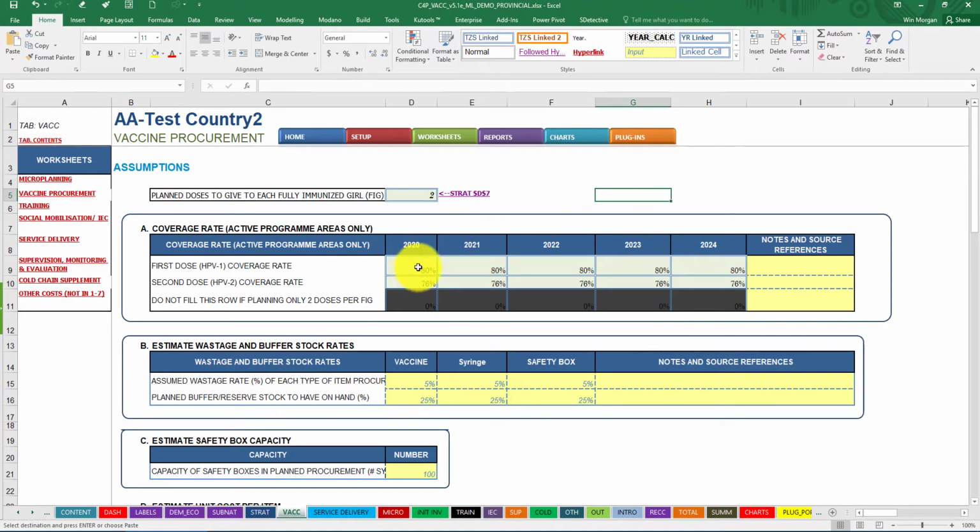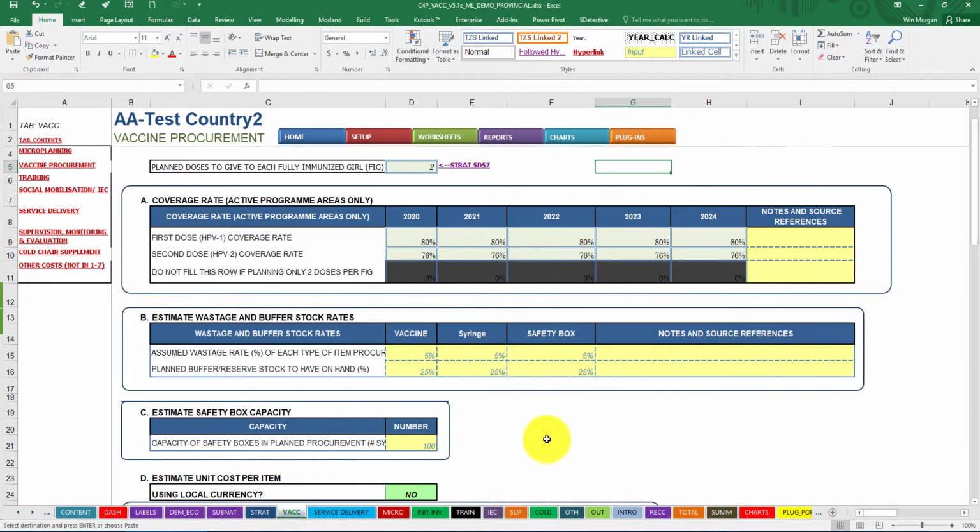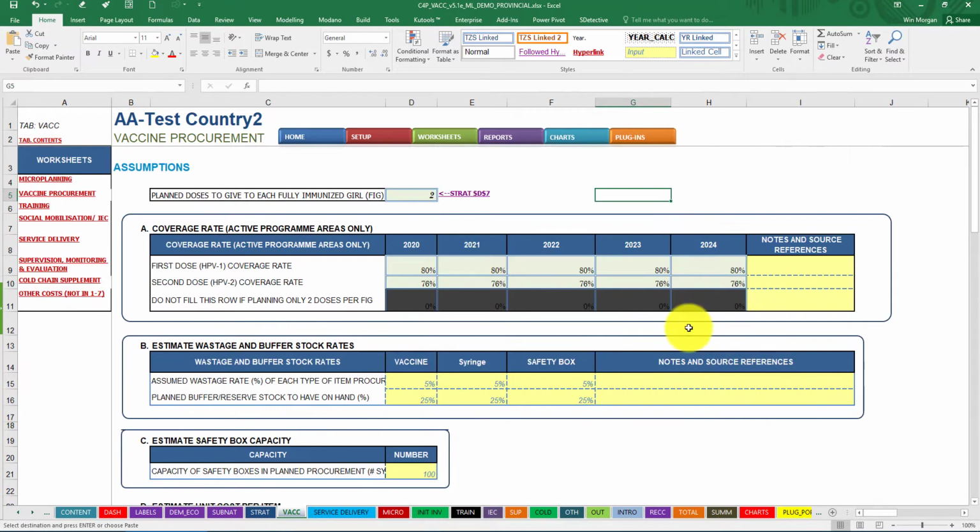Secondly, it's going to remind you what your first dose coverage rate is and your calculated second dose coverage rate is, according to the calculations coming from the strategy information that you gave in the previous page, which is the strategy page. So that's really not something that you have to input, rather. It's just something you should review.